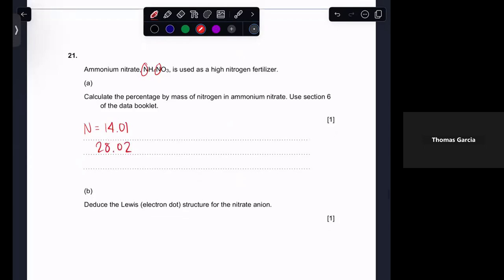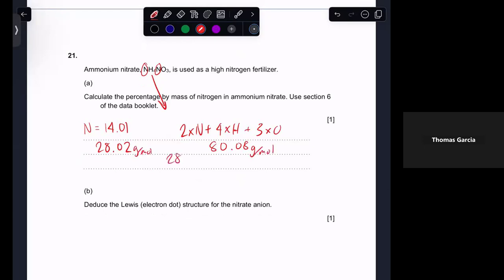I know that the full mass of ammonium nitrate, by calculating it out, 2 times N plus 4 times H plus 3 times O, is going to be a total of 80.08 grams per mole. These are molar masses. This is also grams per mole.